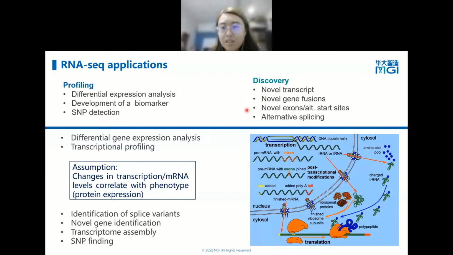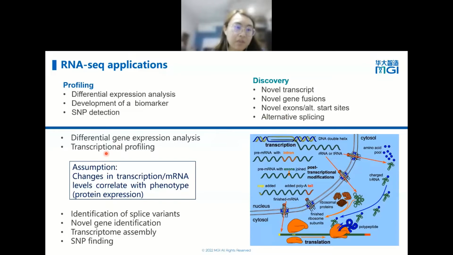As for the discovery part, usually the basic experiment that we will do is the DEG analysis. From there, we can discover some novel transcripts, gene fusions, exons, or alternative splicing.